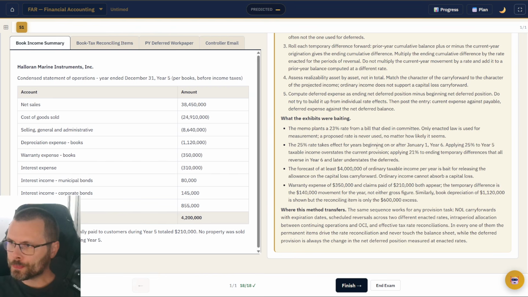So yeah, that's it. Same 5 rules applied to the multiple choice questions apply to the Sims, and you can start drilling now. These deferred tax calculations, Sims or multiple choice, whatever.